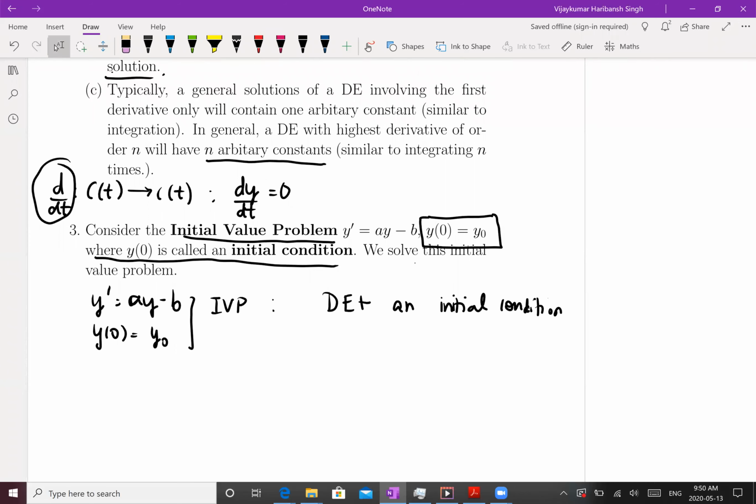Now we have already solved the DE, the differential equation. What did we get when we solved it? We got y(t) = c e^(at) + b/a, where c is an arbitrary constant.